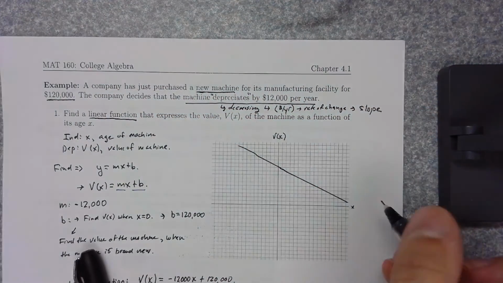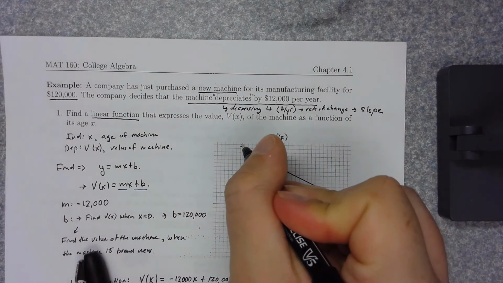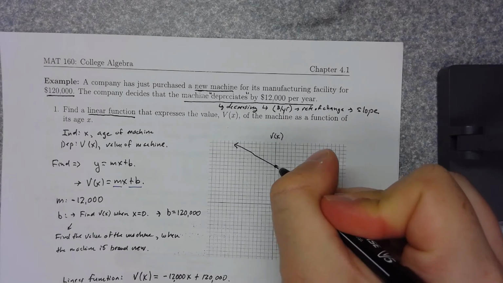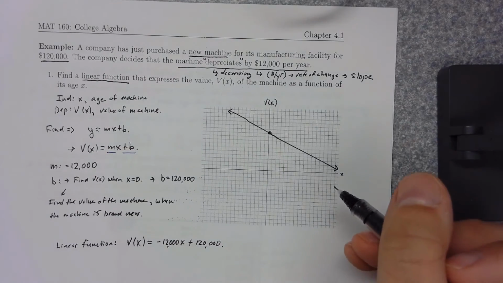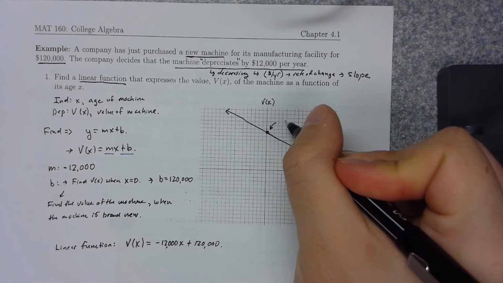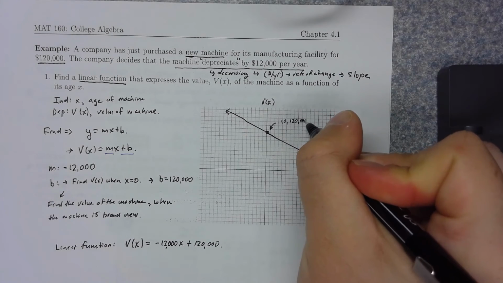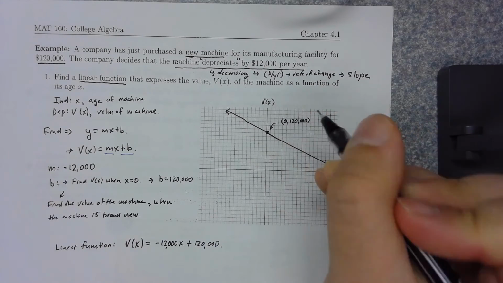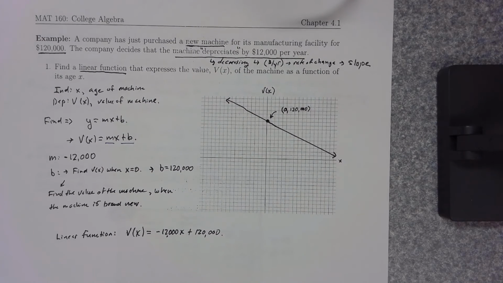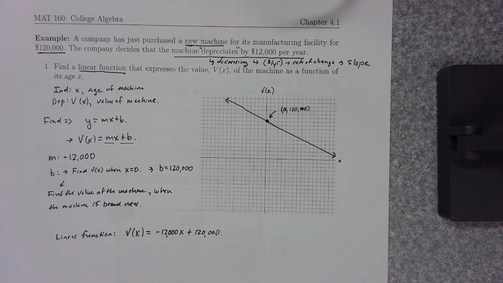So that would be my linear function. My y-intercept, that value right there, is going to be (0, 120,000). All right.